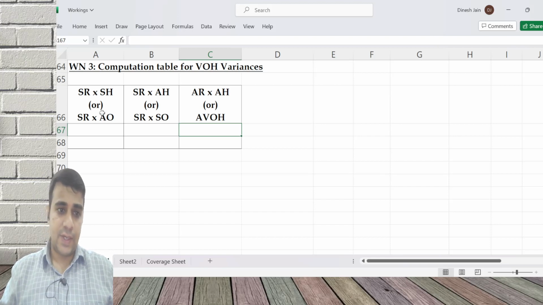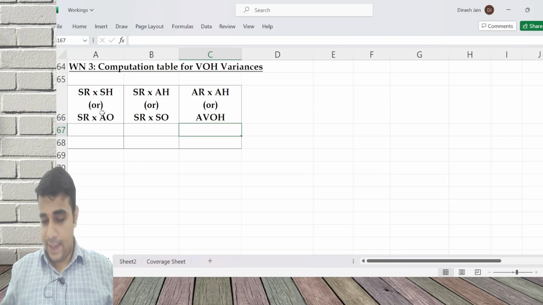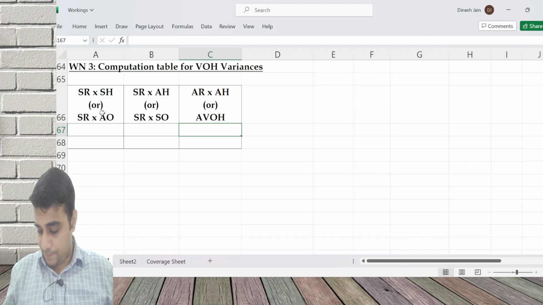SR into SH or SR into AO, SR into AH or SR into SO, AR into AH or AVOH.